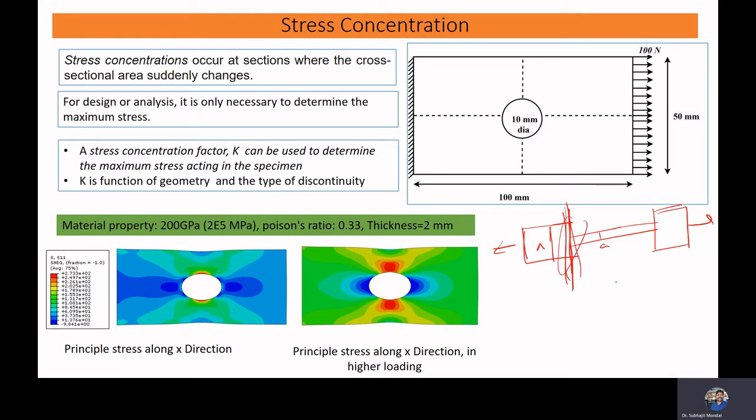Now, you will observe that we make a dog bone sample and test it. In the dog bone sample, what do we do? We make a smooth transition like this.